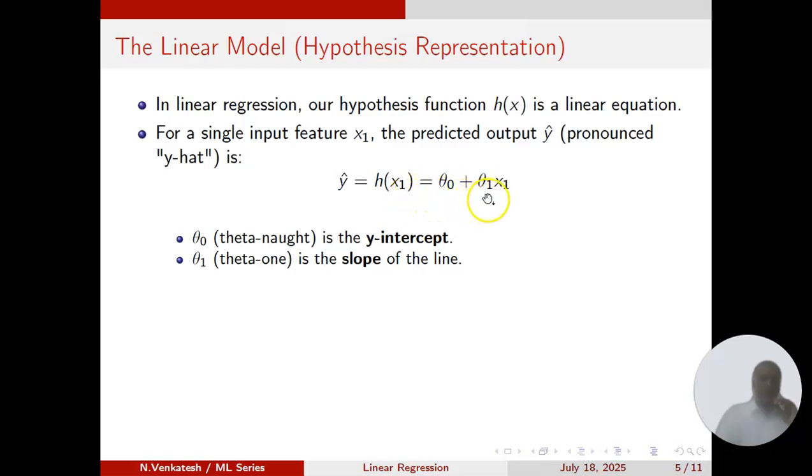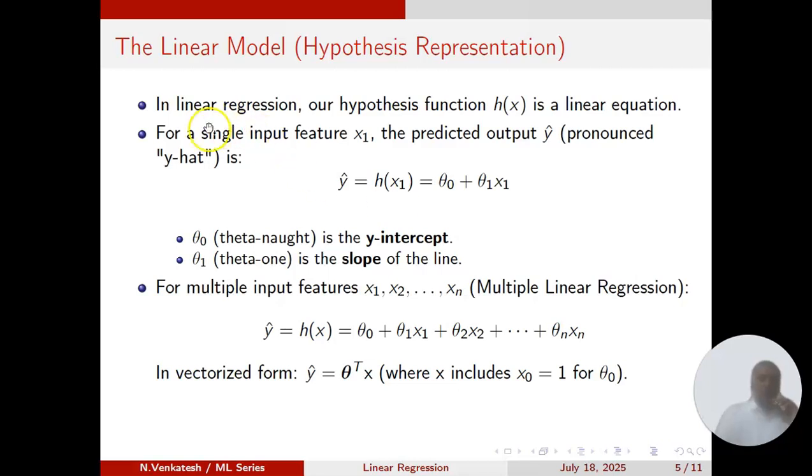It's like y is equal to mx plus c, where theta naught is the y-intercept and theta 1 is the slope of the line. So this is the hypothesis. The result of this hypothesis is y hat, which we consider as the predicted value for a given x value.